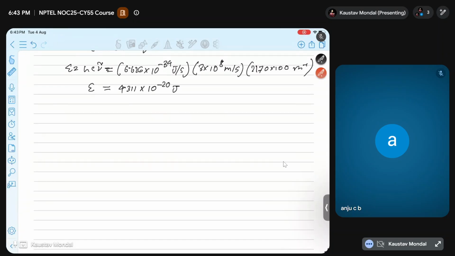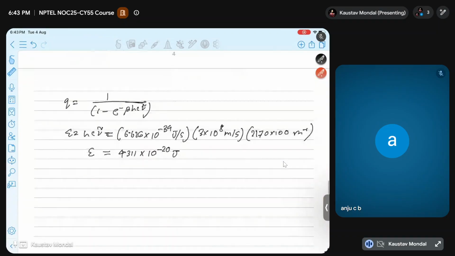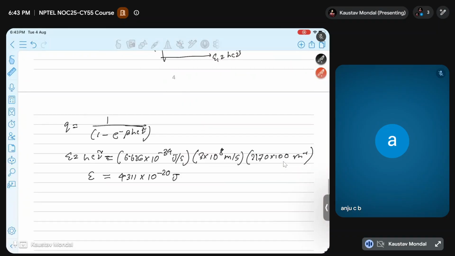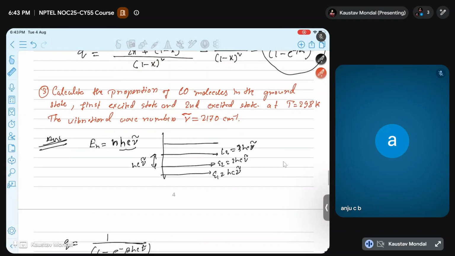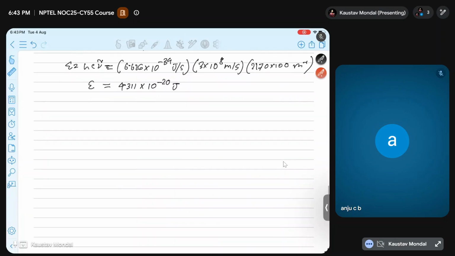Okay, since you got this, the next thing that we need is beta. The temperature is given here, 298 Kelvin. So beta is given by 1 by kBT, where kB is the Boltzmann constant, 1.38 into 10 to the power minus 23, into 298.